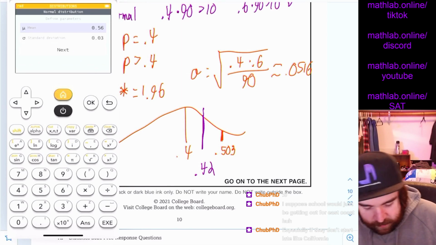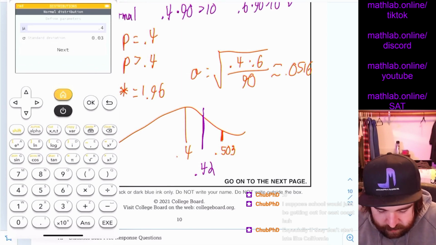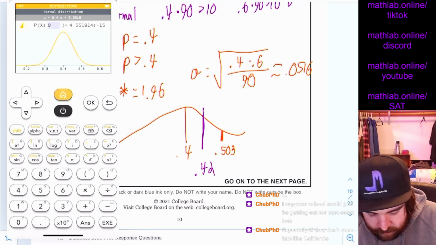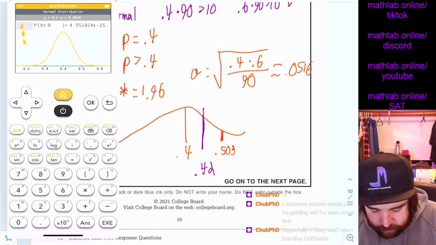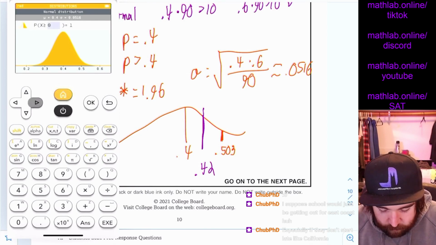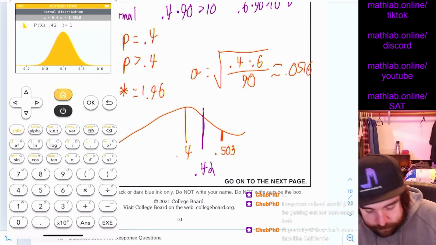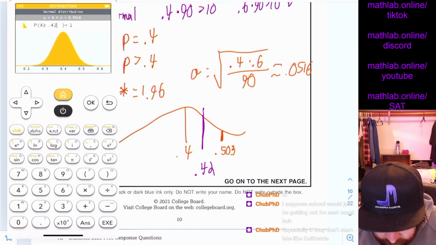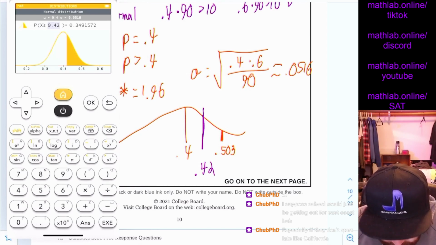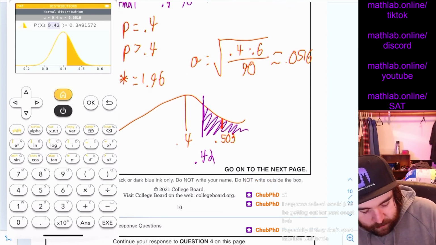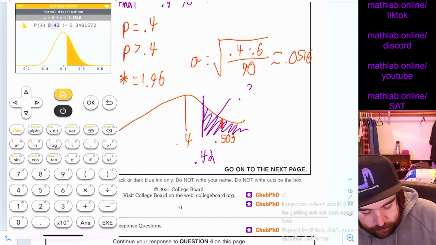Okay, hang on. Back, because we've got to change our parameters. So the mean is 0.4. The standard deviation is 0.0516. And then we make sure we're going on the right side. We say, what is the probability of getting anything from 0.42 or anything greater than 0.42? And then we look and we see that it makes sense. And so we say, what is the area of this probability here? It is 0.349.